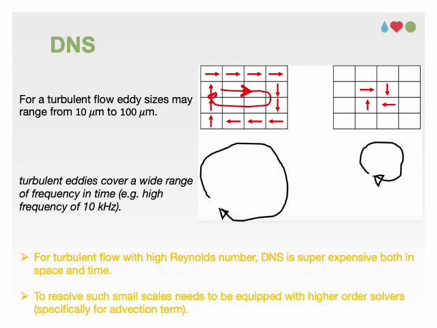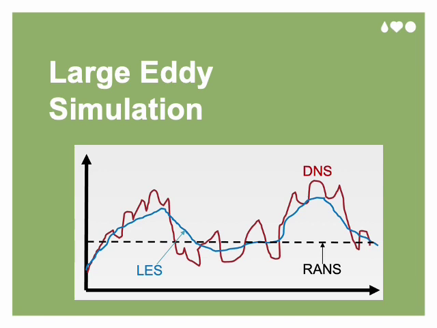Another issue of DNS for high Reynolds numbers is the urgent need for very sophisticated and higher order solvers for the advection term, which is responsible for energy transfer and exchange between large scales and smaller scales. Before starting a detailed discussion about LES, I draw your attention to a visual comparison between DNS, LES, and RANS in the following figure.